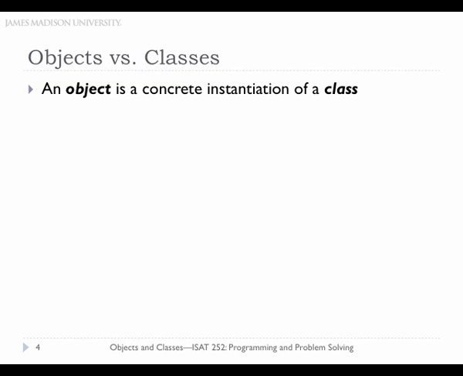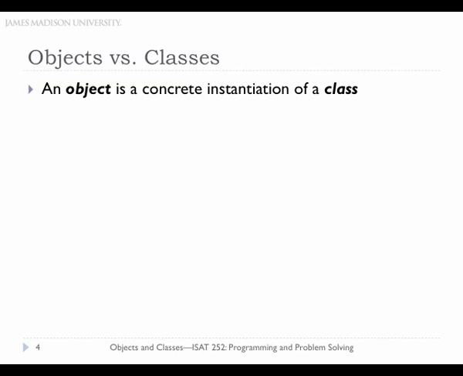So if you think about a class as automobile, then an object might be a 2010 Honda Accord, right? A very specific car. You might even go so specific as to say, the 2010 Honda Accord with the VIN number X312458738, right? An object is a very specific instance of a class.